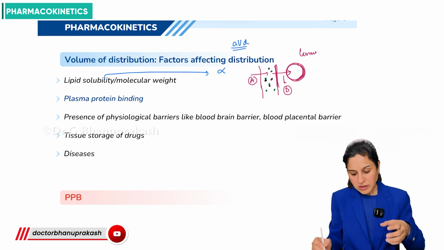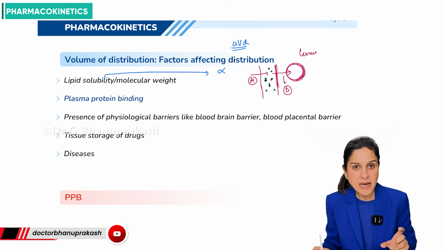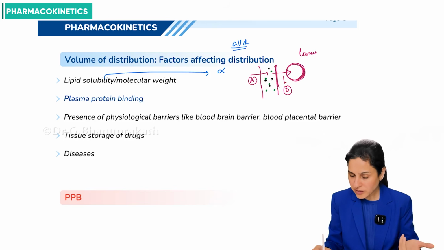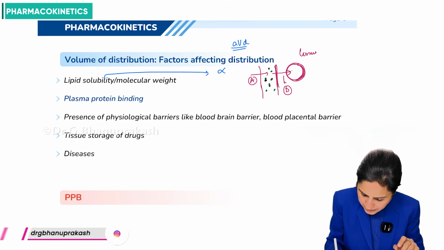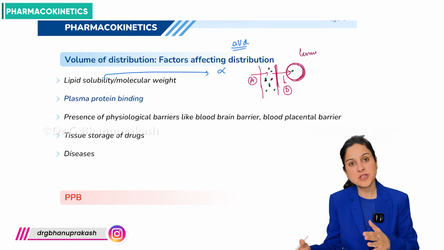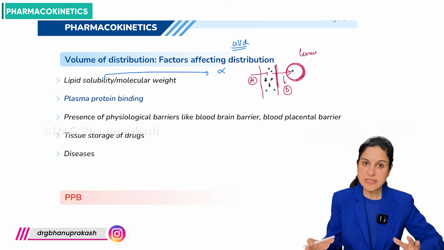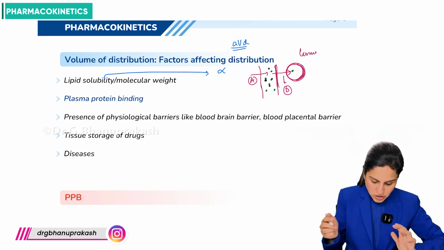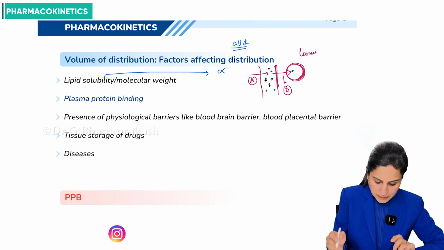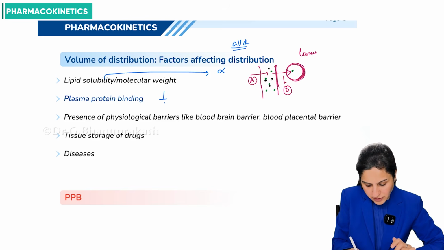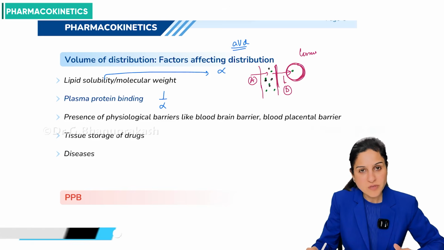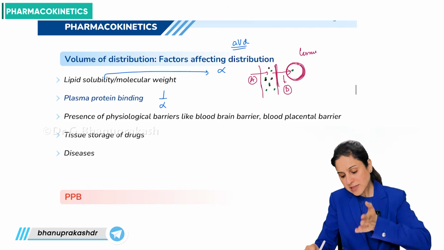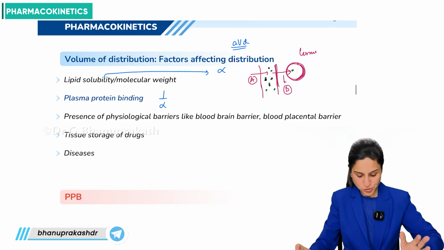So remember, the drugs which are bound to the plasma proteins are called as bound fraction of the drug. The free one is called as a free form. So this free form can easily enter into the tissues. So free form of the drug is available for action. The bound form is not available for action. So therefore, plasma protein binding is inversely proportional to the volume of distribution. So more the drug is bound to the plasma proteins, less will it be distributed to the tissues.